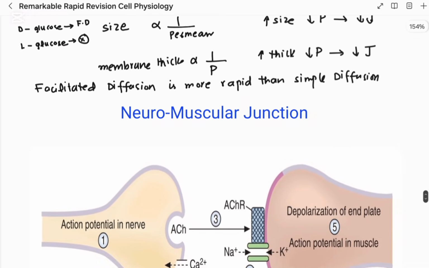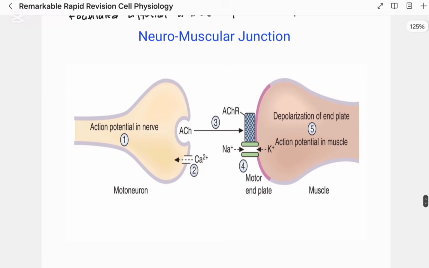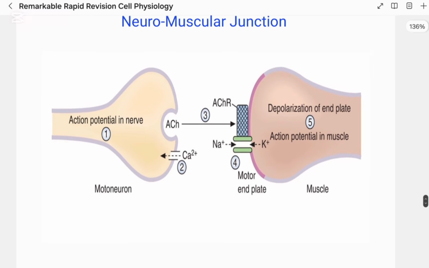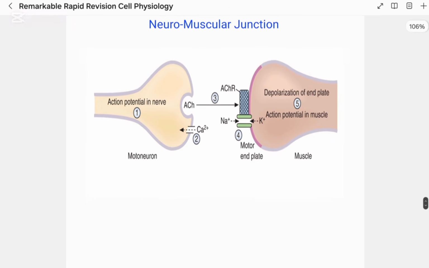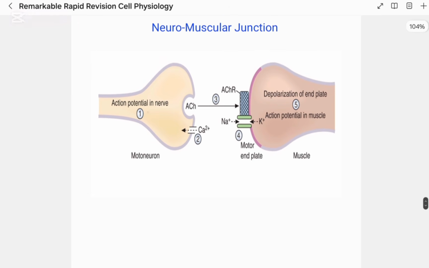Moving on to a very important topic, which is the neuromuscular junction. Same, this diagram is also taken from the BRS physiology. So you just understand the sequence of events that are taking place along the neuromuscular junction. So first up, we have action potential in the nerve.